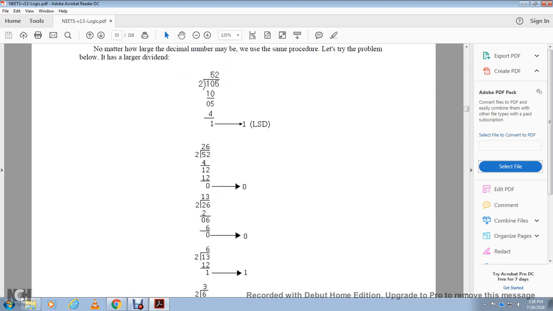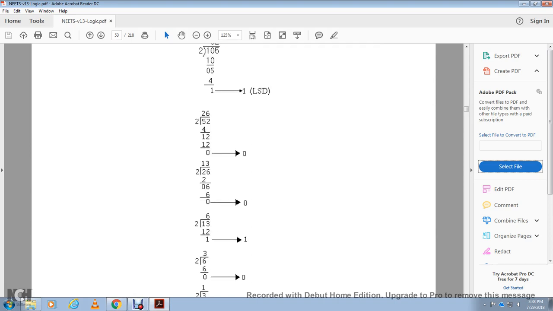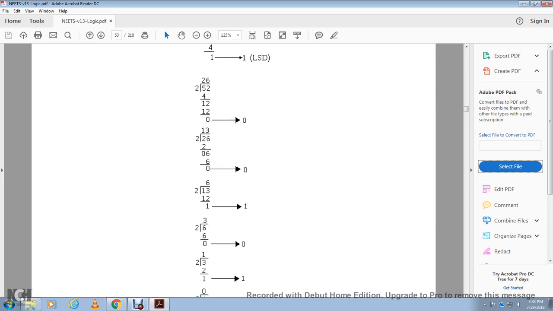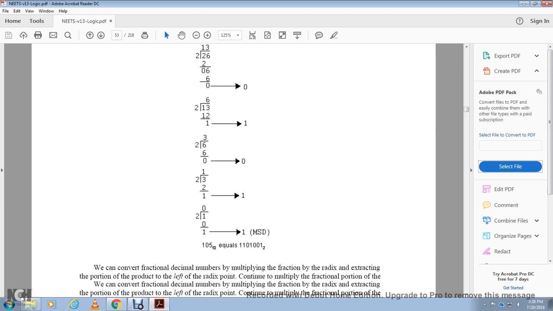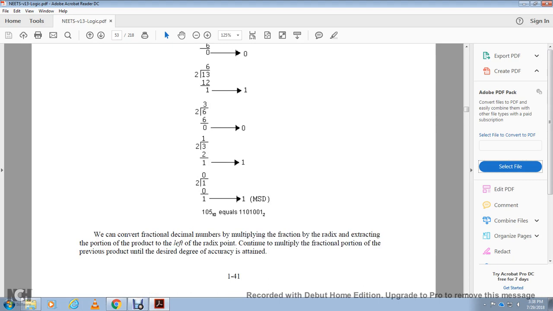Then 13 divided by 2 gives you 6 with a remainder of 1, and 6 divided by 2 gives you 3, remainder of 0. 3 divided by 2 is equal to 1, remainder 1, and then 1 divided by 2 is 0, remainder 1, the most significant digit. Therefore, 105 base 10 equals 1101001 base 2.